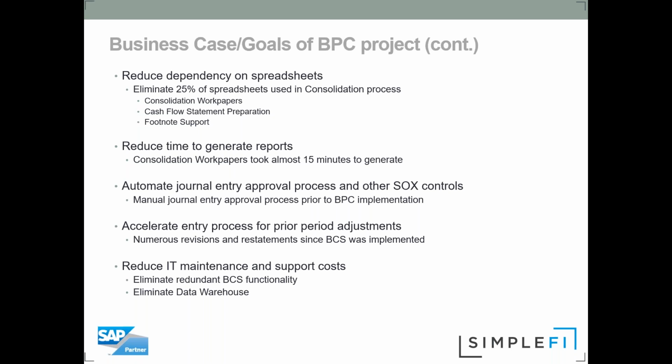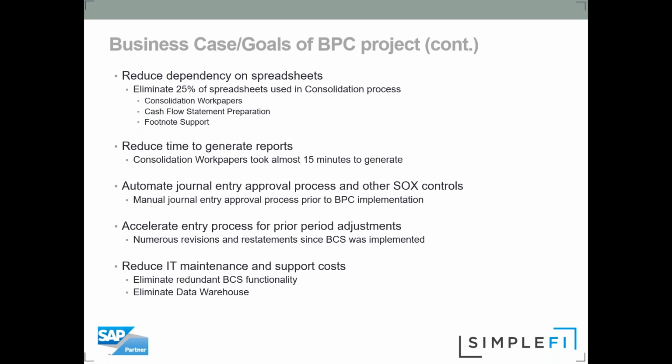Here were some of the other pieces, more from the day-to-day operations of consolidating, that they wanted to get out of the system. They wanted to eliminate about 25% of the spreadsheets that they use. They had a number of what they would consider their consolidation work papers, and it was very manual.